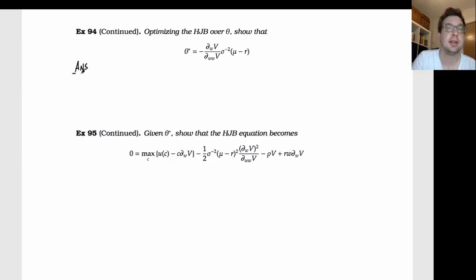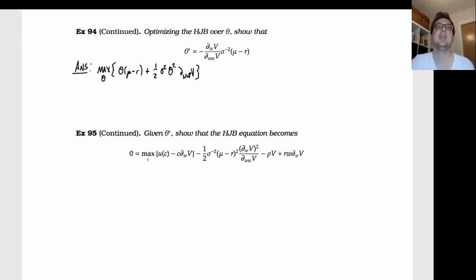So let's do the answer to that. Remember that we had, from the HJB equation, that the part that involves theta was the maximization of theta times mu minus r plus a half sigma squared theta squared times the second partial derivative of V. So let's just maximize that.